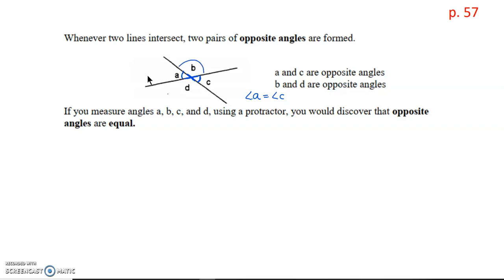And angle B is equal to its opposite, angle D. So opposite angles are mirror images, and therefore they're equal angles.